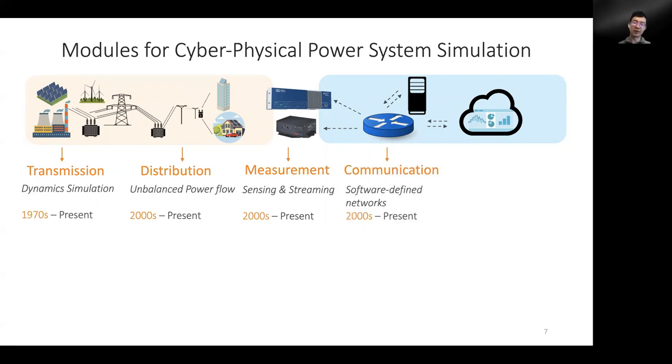We use software-defined networks to emulate communication networks, as well as either proprietary industry software or research prototype algorithms to simulate control centers. As we can see, they emerged in different periods and are independent packages, so they won't be able to talk to each other.